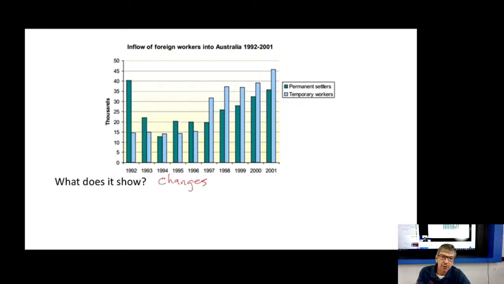So this blue and green, then, what data is that? Changes in what? Well, it's foreign workers, right? So it's data, changes in data for foreign workers.